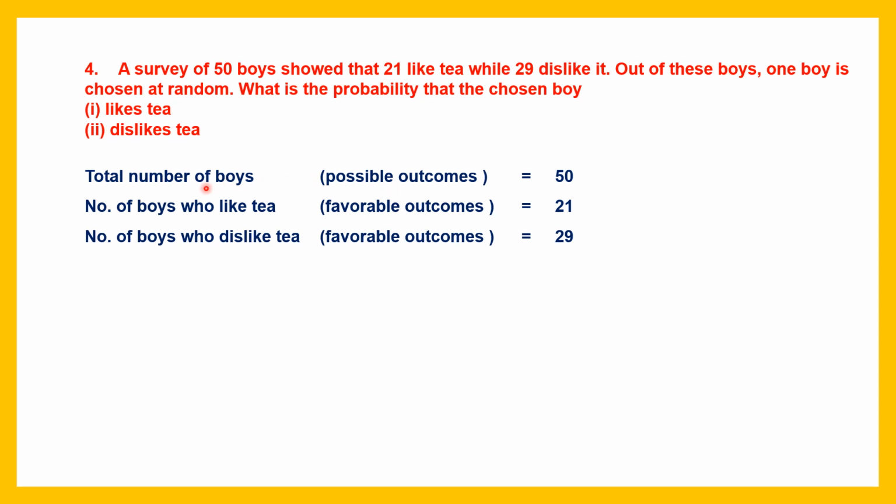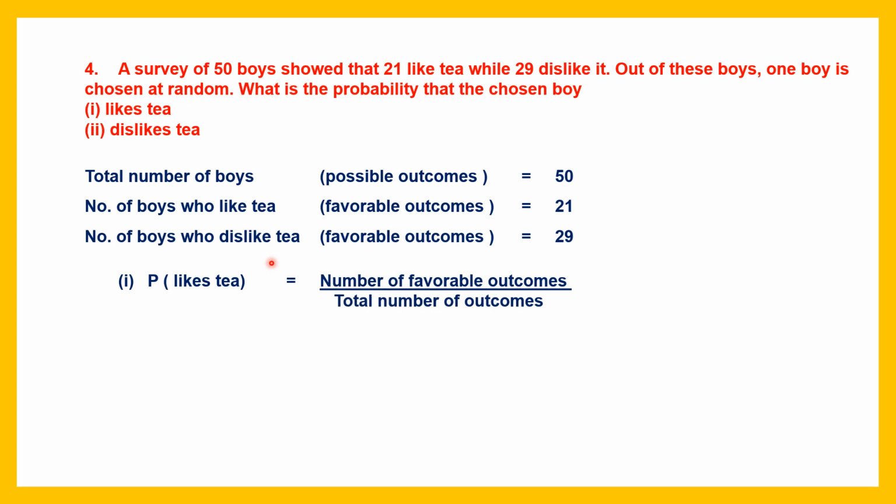So here, total number of boys will be the total outcomes. Favorable outcomes are the number of boys who like tea and the number of boys who dislike tea. Now we are going to find the probability of this chosen boy who likes tea or not.